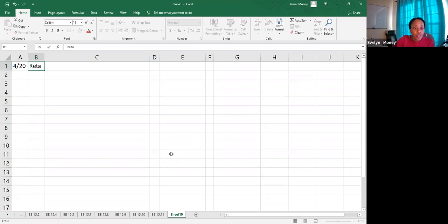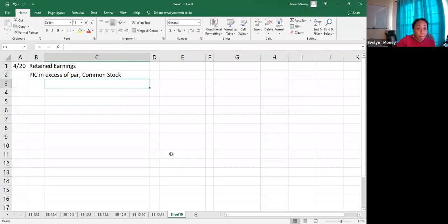When dividends are a distribution of earnings and it's not a liquidating dividend, we debit retained earnings. But the portion of the dividend that represents a return of capital comes from the paid-in capital in excess of par account. So we end up debiting paid-in capital in excess of par because we're giving those original investors a portion of their investment back.